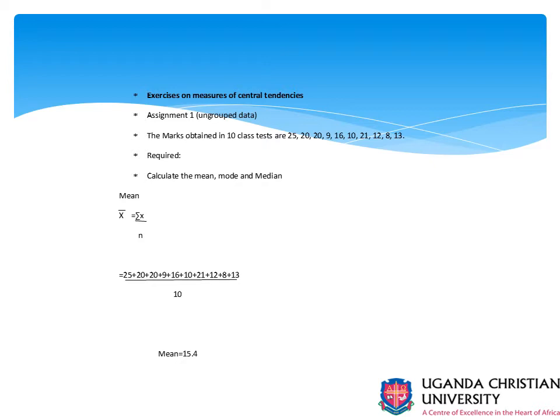We added all the observations and divided by the sample size, and the mean was given as 15.4, which can be interpreted that on average a student can score 15.4 in this particular test that was given to that class.